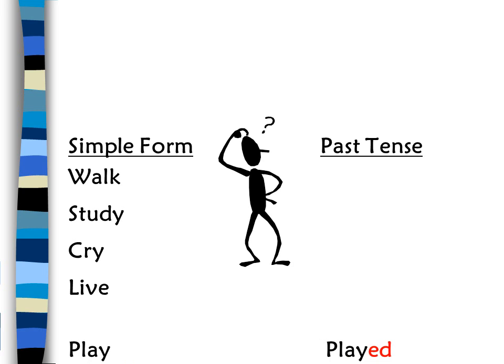So what is the past of the verb walk? Of course, the verb walk is a regular verb. It ends with ed. Study ends with letter Y. Alright, here, of course, it's different. We are not going to write just ed. We are going to drop the Y and write IED.